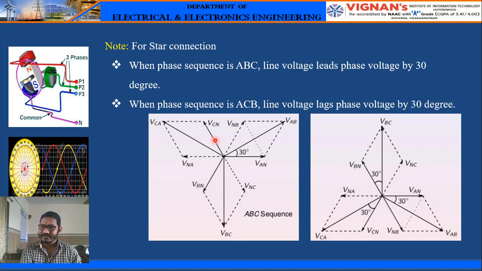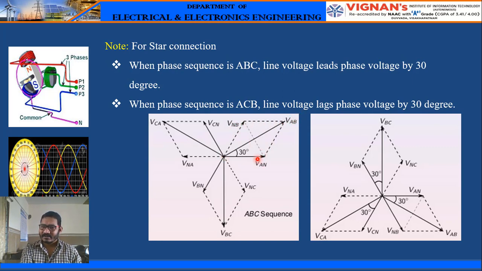Now VAB is the phasor summation of VAN plus minus VBN. VBN is this, opposite to this you get minus VBN, which you can also call VNB. Making the phasor summation, you get this.